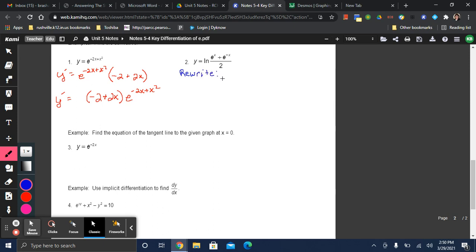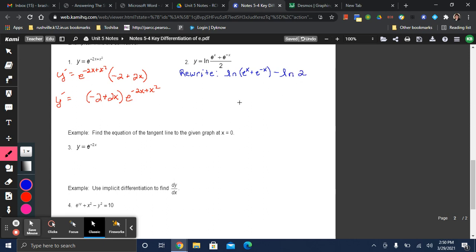But since we've got a logarithm, I'm going to do it like this. It's a division, so I can do the log of the numerator, e to the x plus e to the negative x. And then division becomes subtraction, minus the log of 2.